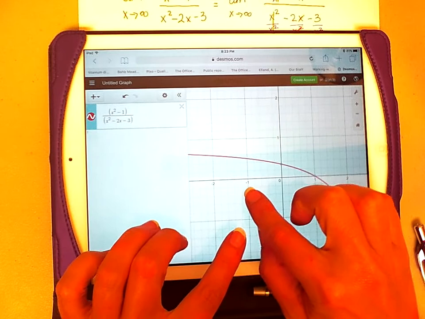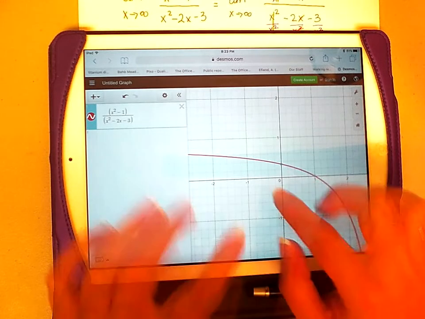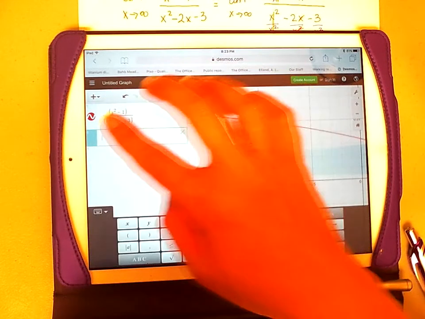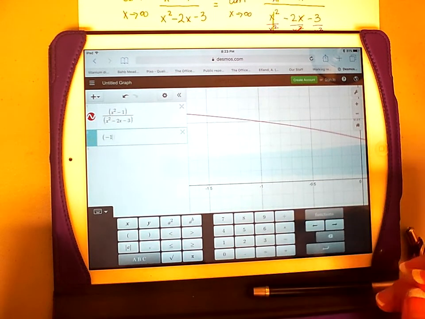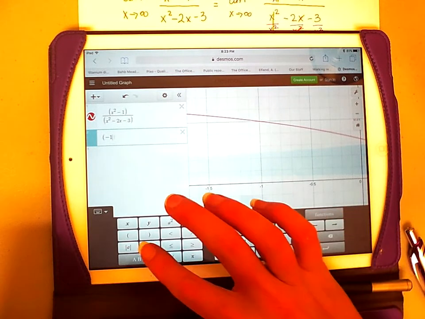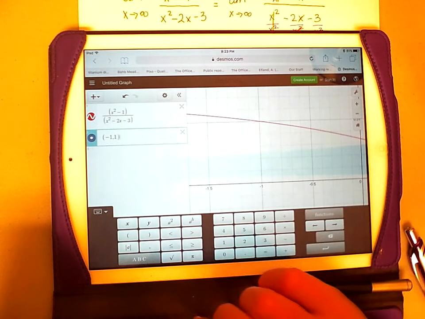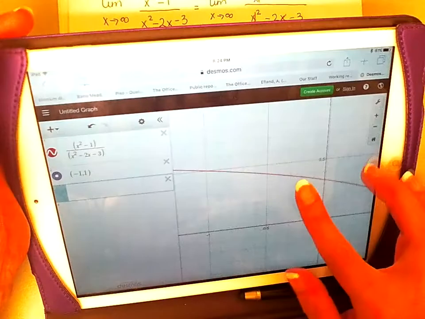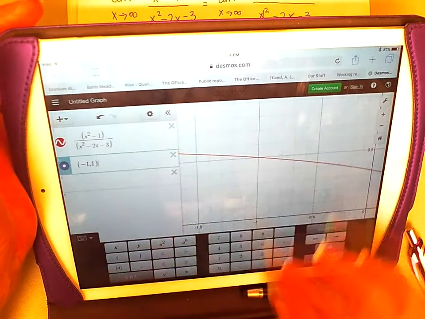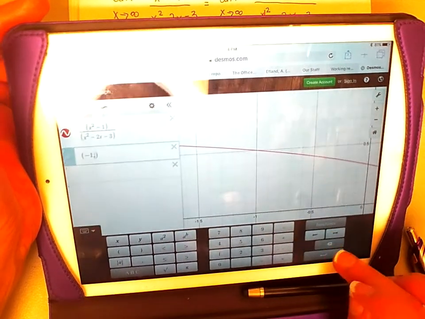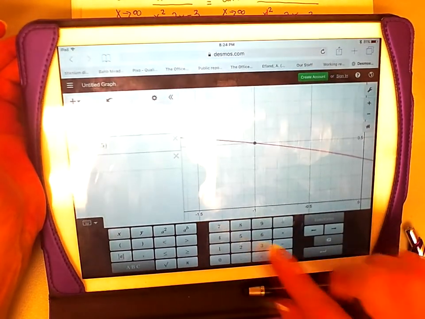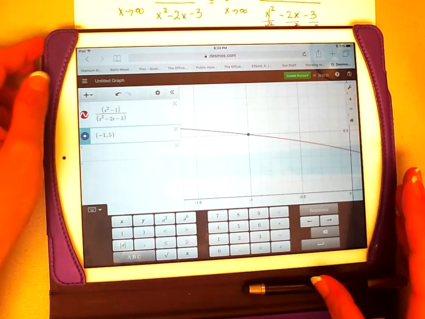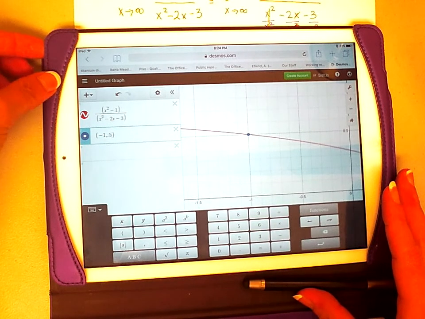Now, what I'm looking at, and perhaps you saw me zooming in, is what happens at x equals negative 1. So clearly we can see on this graph, let me try and put a point down, (-1, 0.5), sorry. And when I do that, we clearly see that that point is on the graph.